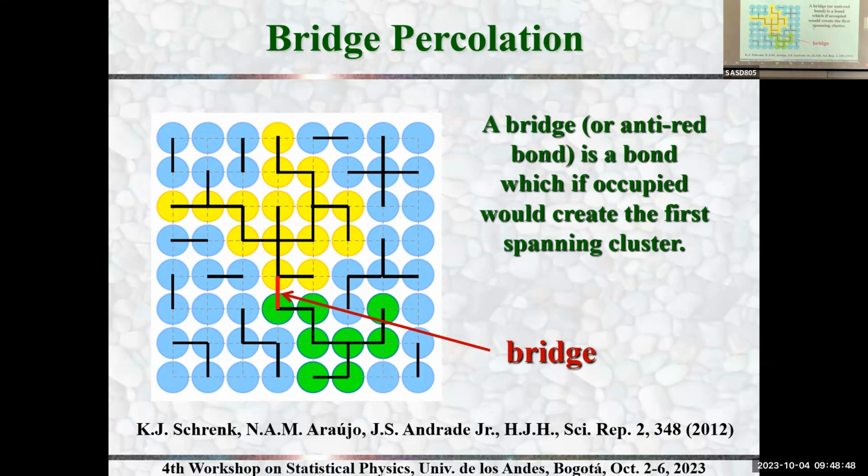Scaling. So the model has no chance to percolate. This model is certainly not percolating because of P equals 1.